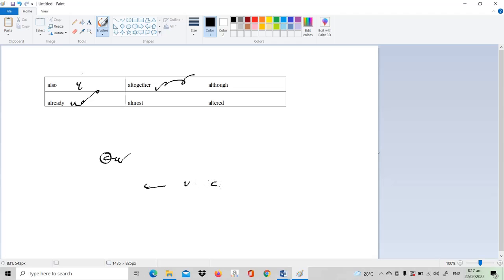Hinaharap niya yung susunod na stroke. Okay? So, ayan. Kaya ganyan yung stroke ng almost. So, we have all and then most. M-O-S-T. Almost. Ulitin natin.